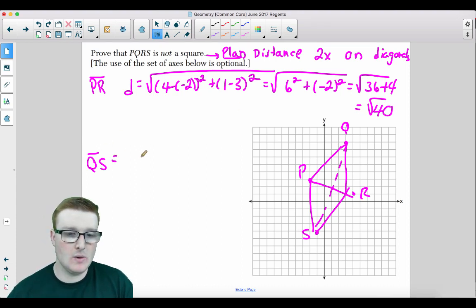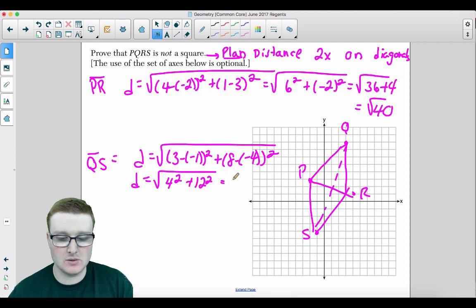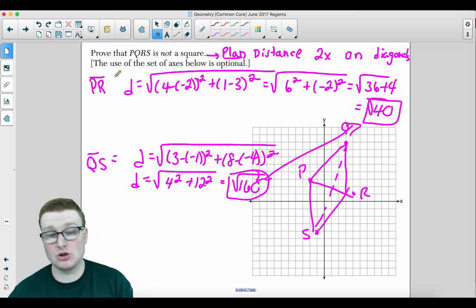Okay. QS, D is equal to the square root of 3 minus -1 quantity squared plus 8 minus -4 quantity squared. D equals the square root of 4 squared plus 12 squared, which is the square root of 160. Those, folks, are not the same radical. Therefore, the diagonals are not congruent to each other.